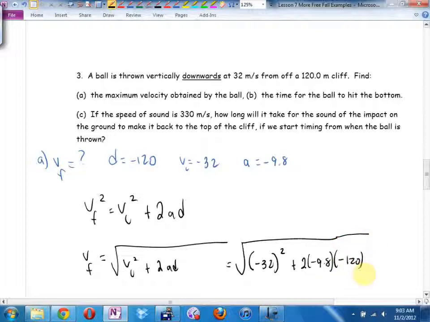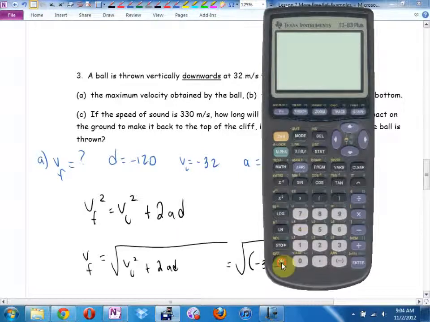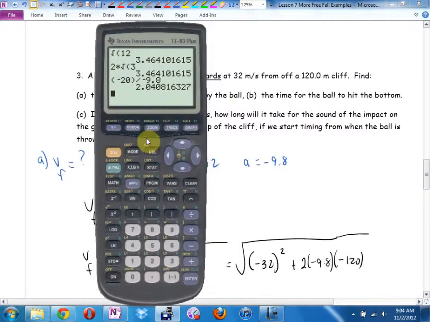I strongly encourage every one of you to try typing this into your calculator because I almost certainly guarantee you're going to get it wrong. And not because you did it wrong, but because your calculator misinterprets what you want it to do. So try typing this in. I'll do it up here carefully. What I'm going to do is type all this, get an answer, and then square root my answer.